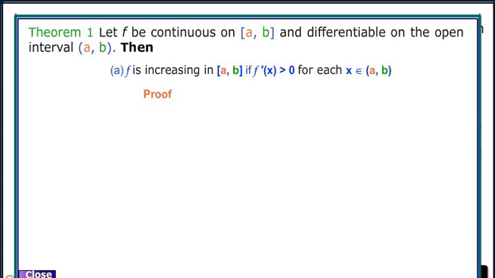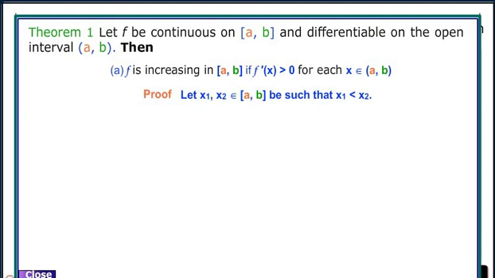Theorem 1. Let f be continuous on the closed interval a, b and differentiable on the open interval a, b. Then f is increasing in the closed interval a, b if f dash x is greater than 0 for each x belonging to a, b. Proof.